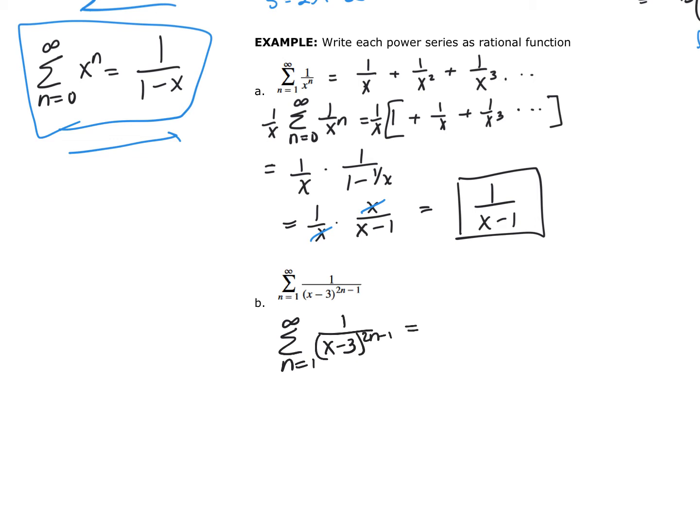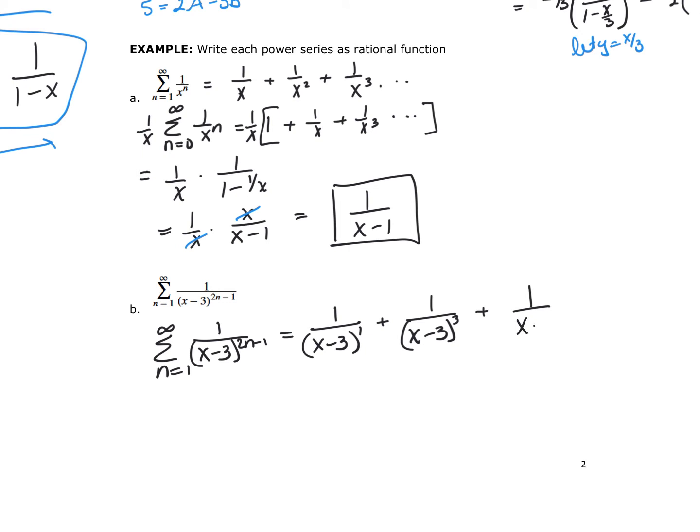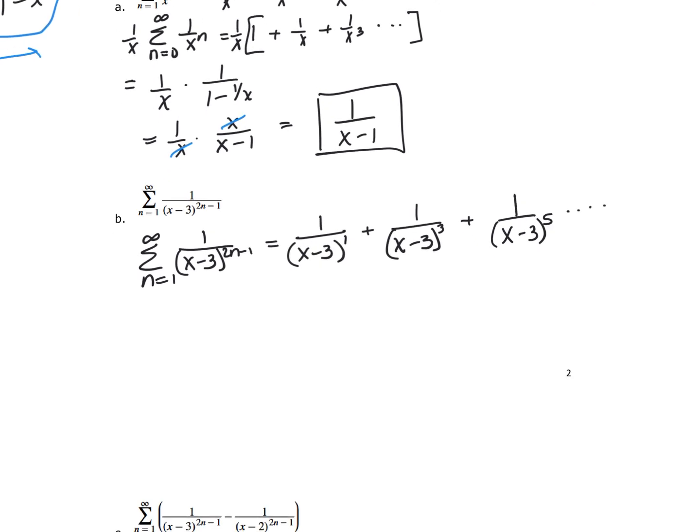Starting out with my first term, I have 1 over x minus 3, raised to the 1 power, and then plus 1 over x minus 3 raised to the 3. And then my next term is 1 over x minus 3 raised to the 5. And it continues. So now I'm going to rewrite this so that I can start at 0.